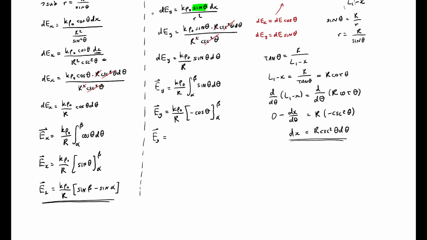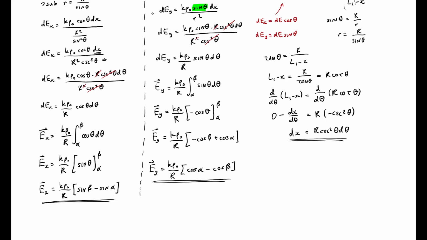Ey is equal to k rho naught over capital R. We have negative cosine of beta plus cosine of alpha. We can simplify that to make it easier to read, so we have cosine of alpha minus cosine of beta.